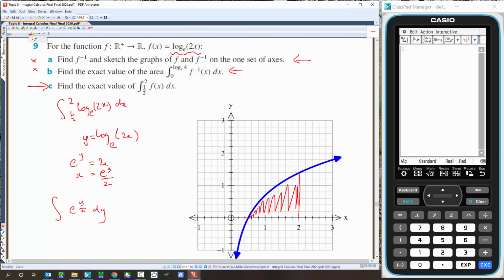Instead of finding this area here, I'm going to integrate on y and find this area here. Then the process is to imagine this as one big rectangle and subtract the area I've just found from the big rectangle. What it will actually leave us with is this part here.